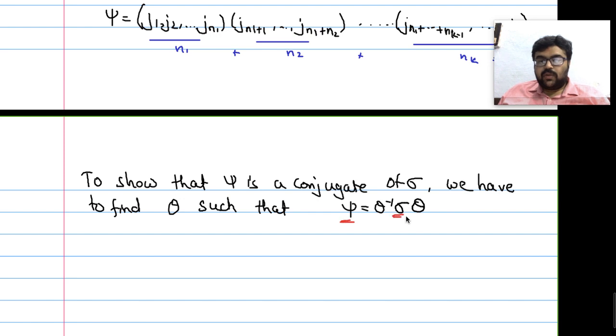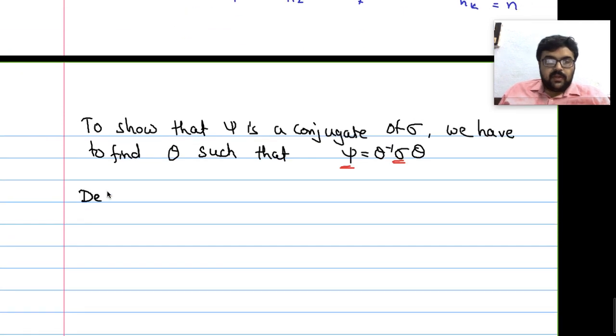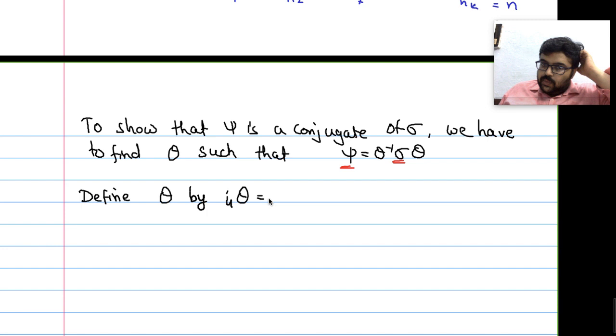Psi is a conjugate of sigma, right, if we can find theta. So how do we define theta? Define theta by: theta sends i1 to j1, theta of i2 equals j2, and so on.